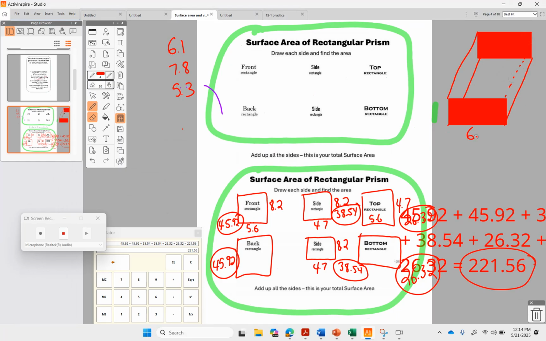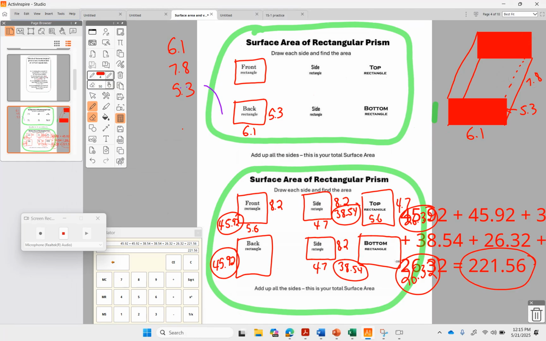I'm going to say that this side is 5.3. Okay, and then I'm going to say this long side is 7.8. Okay, so I'm going to first say these are these two red rectangles. Okay, and they are each 6.1 by 5.3.